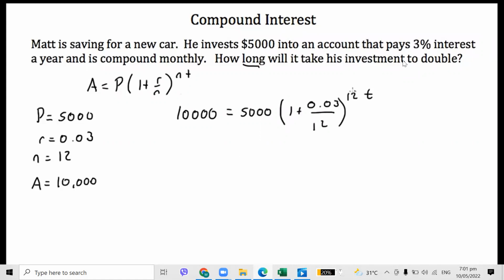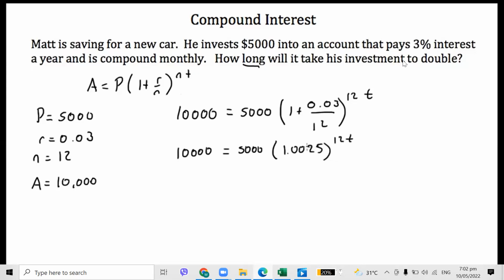Now this time, here we have an exponential equation with our variable t in the exponent. So if we're going to solve this, we're going to have to isolate this exponential term alone on one side. Now the first thing I'm going to do is simplify what's inside these parentheses a little bit. So we're going to have 10,000 is equal to 5,000 times, now 0.03 divided by 12, that's 0.0025, so this is 1.0025 to the 12t power.